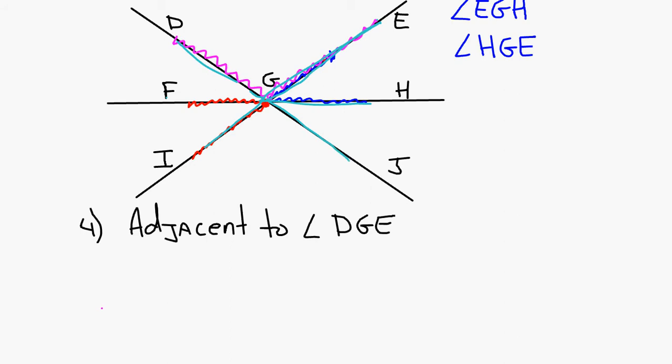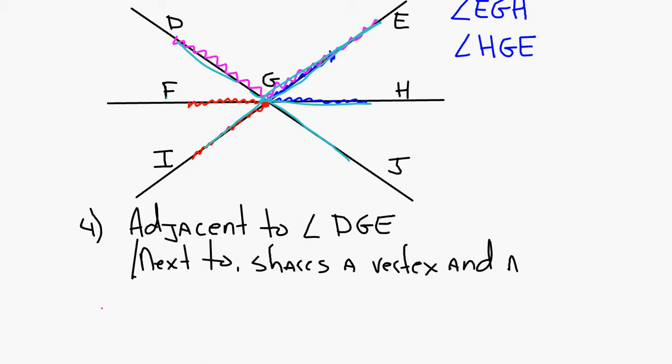So any of those could be correct, and it's going to be a multiple choice quiz. So just make sure you know what adjacent means. It means next to. It shares a vertex and a side.